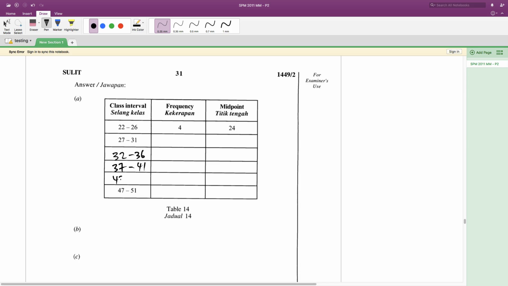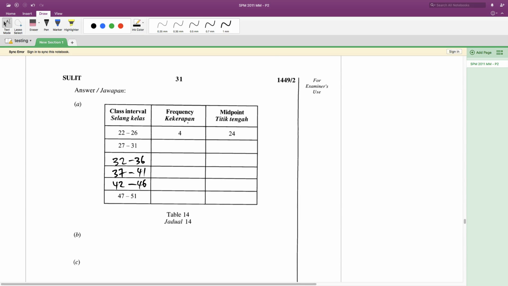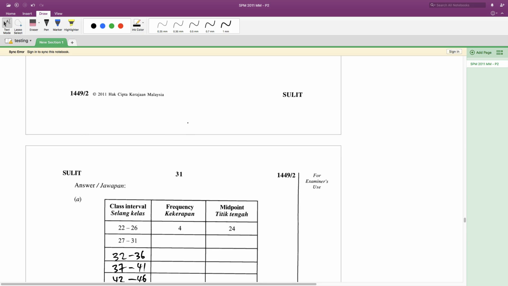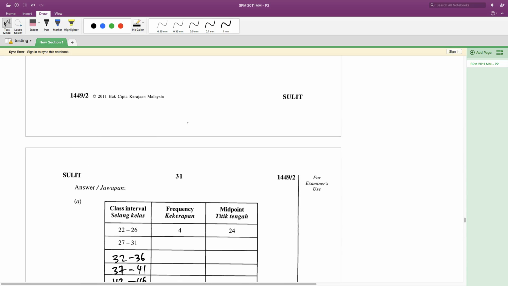Then plus 1, 42. 42 add 4 numbers is 46. Then I see whether this one is correct or not. Plus 1, 47. 47 add 4 numbers is 51. Okay, I will solve this one first, and then I will solve the frequency. Okay, 22 to 26 is 4. I think it's fine already. Then I want to find any number between 27 to 31.